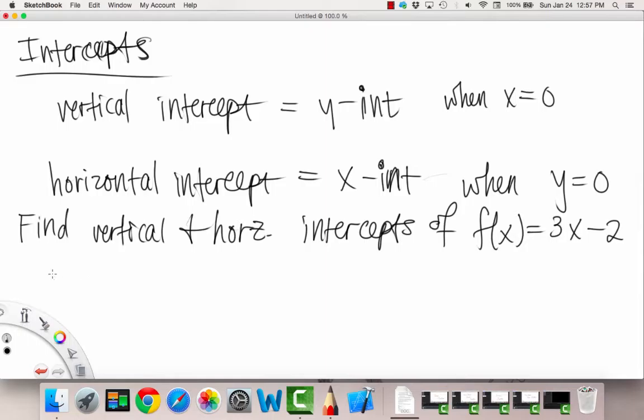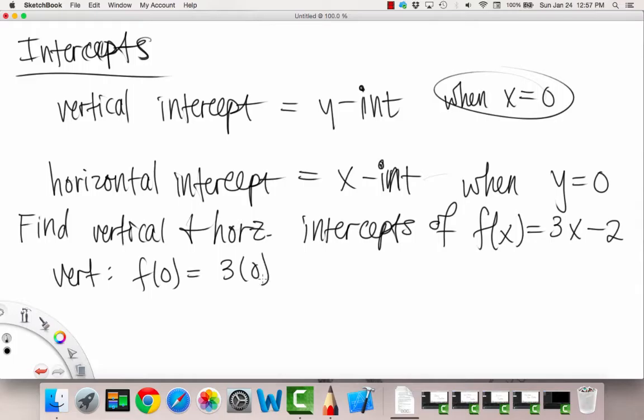For the vertical intercept, we just set our x equal to 0. So f of 0 is equal to 3 times 0 minus 2, so that's negative 2. This would be our b, essentially. So our vertical intercept is at negative 2, and 0, comma, negative 2 is the formal name for that point.